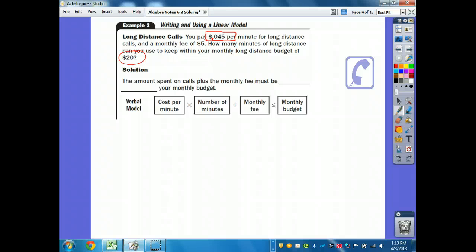Okay? So back to this, we have 0.045 cents per minute, and then they also charge me $5 a month just to have my landline, all right? I cannot go over $20 without getting grounded. What can I set up here to figure out and show? Here's some clues to help you.